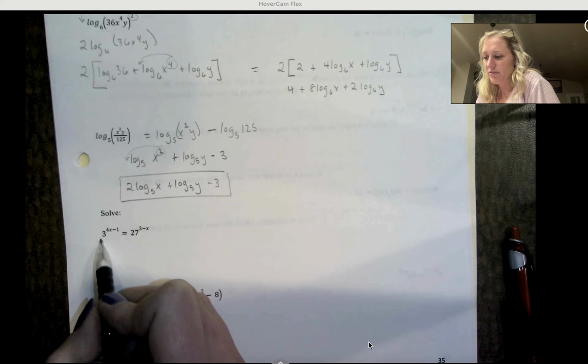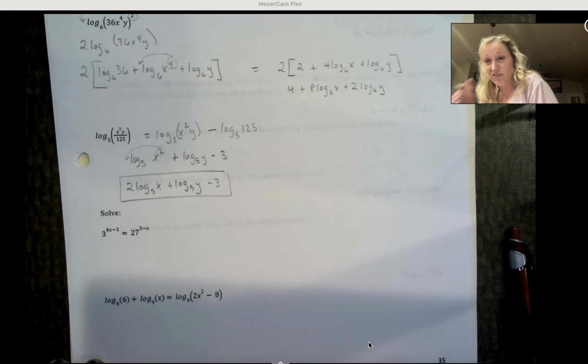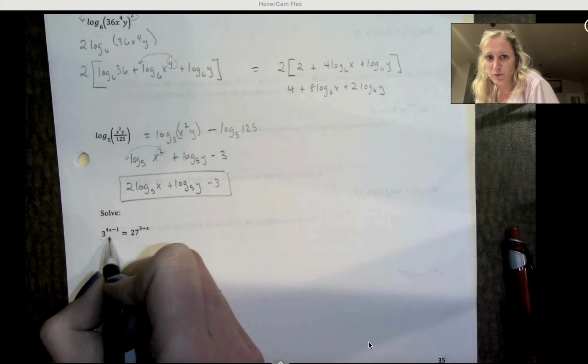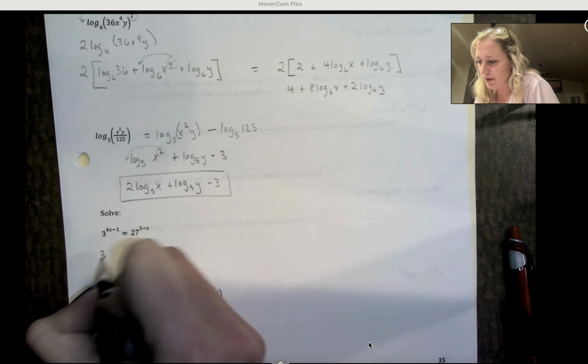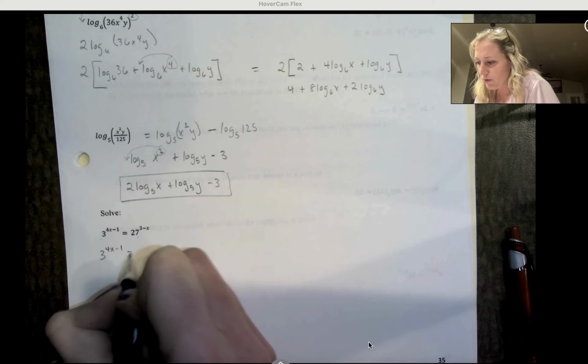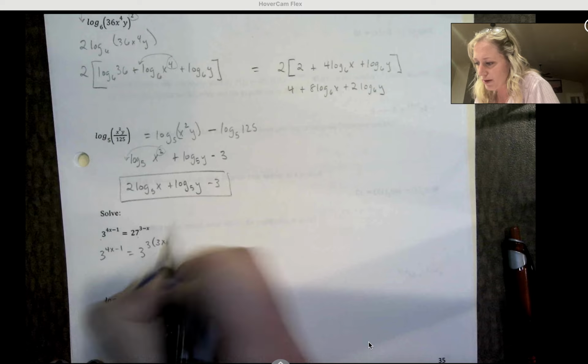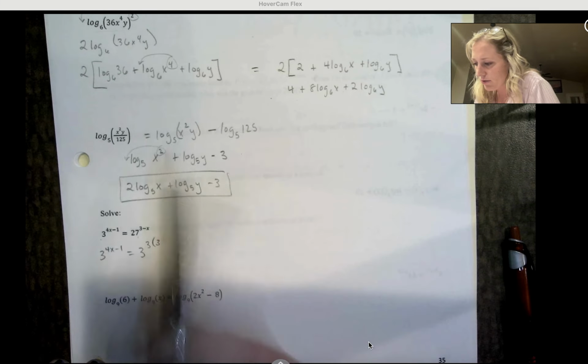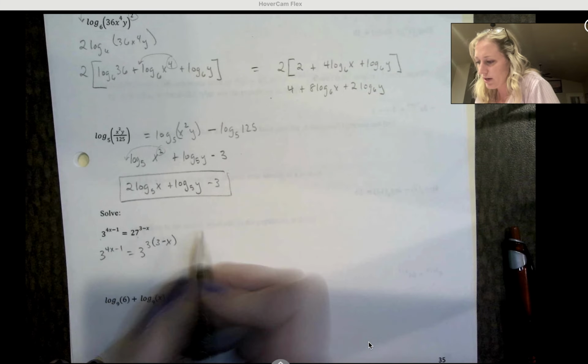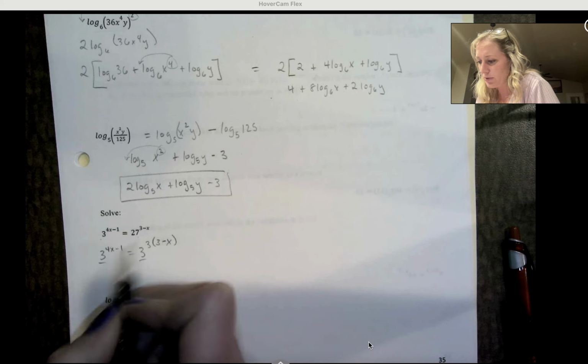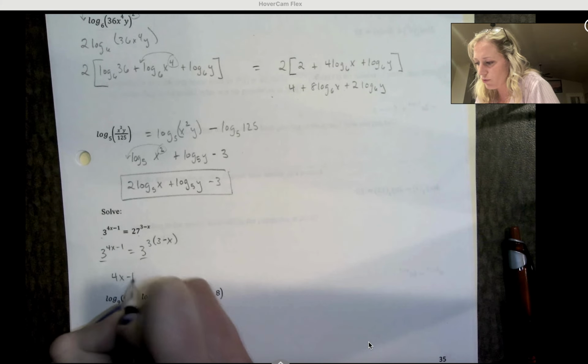Okay, next we have a solving example. Okay, so remember, if it's exponential, if I could write them using the same base, then I could set the exponents equal. So 27 is the same as 3 to the 3rd. So we're going to write 3 to the 3rd, and then that original exponent I'm going to multiply by 3. Okay, once these are equal, I'm setting the exponents equal. So we got 4x minus 1.